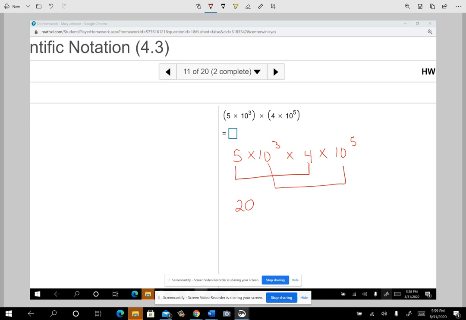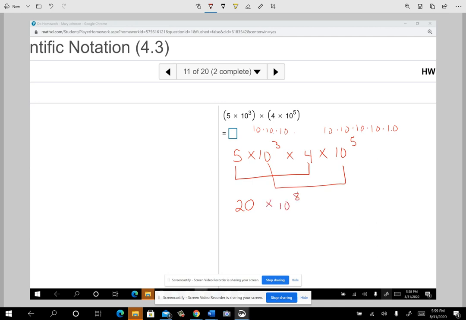We're going to learn more about exponent rules, but this is 10 times 10 times 10 right here, and then this is 10 times itself 5 times. So you really have 1, 2, 3, 4, 5, 6, 7, 8 tens all multiplied together. So this is times 10 to the 8th power.